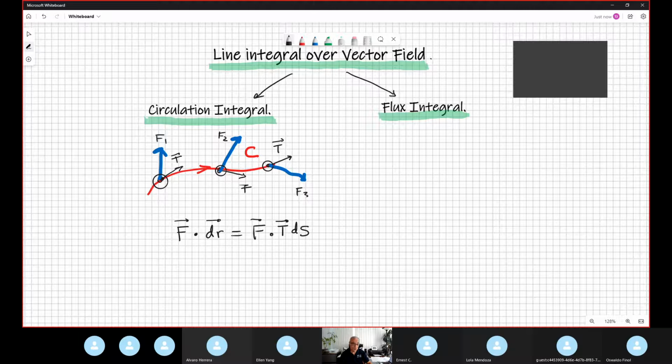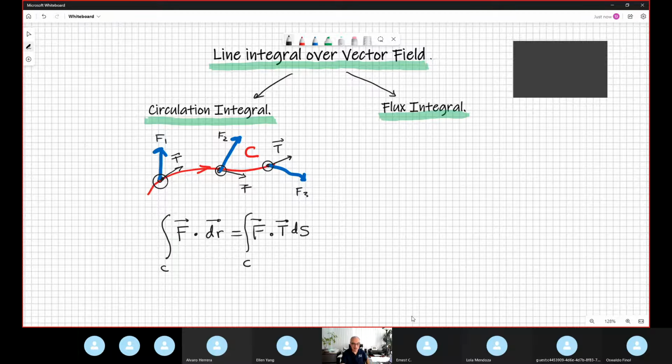And of course, you integrate this at any point. Integration has the same meaning we studied before, the Riemann sum. Summation of the dot products at any infinitesimal point along the specific curve you want, and this is a circulation.